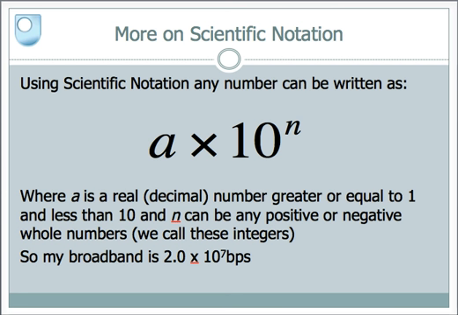We call these integers, but basically we have got a way of representing large numbers where n is a large positive whole number, and very small numbers where n is a very negative whole number. So I might represent my broadband speed, for instance, as 2.0 times 10 to the power of 7 bits per second. This is in scientific notation.